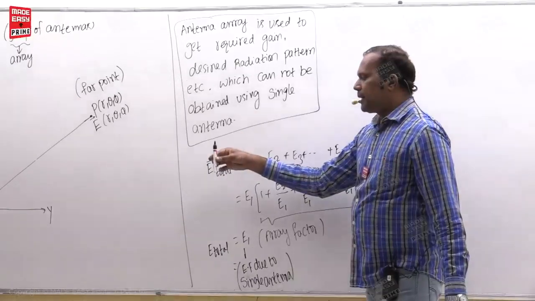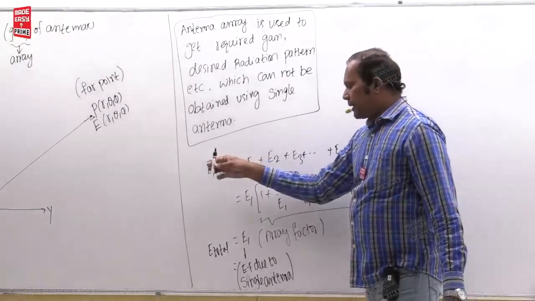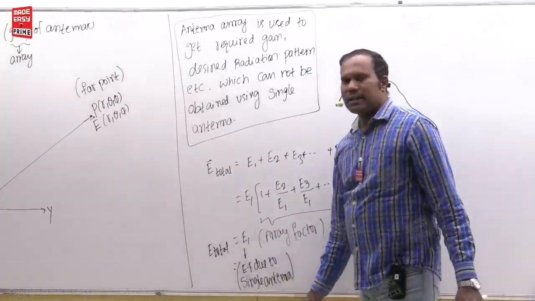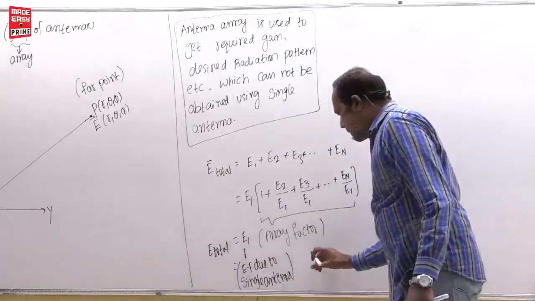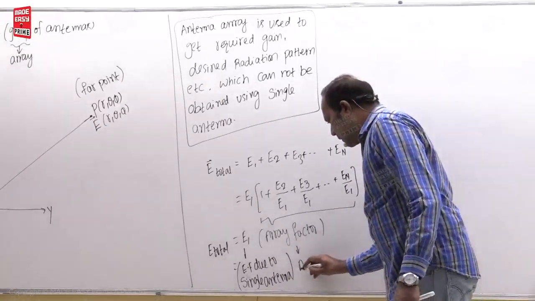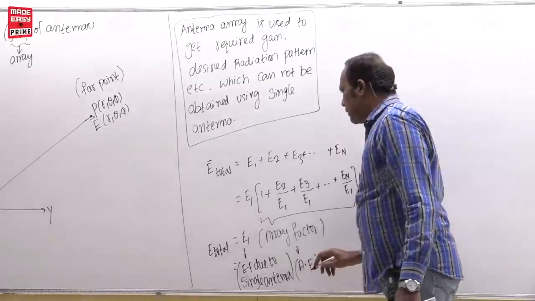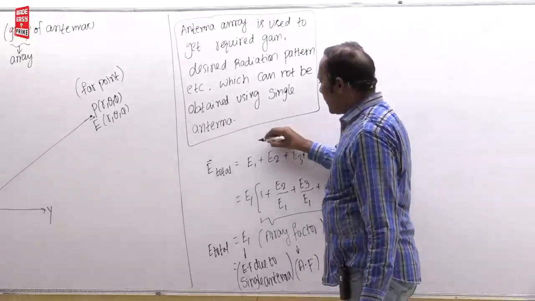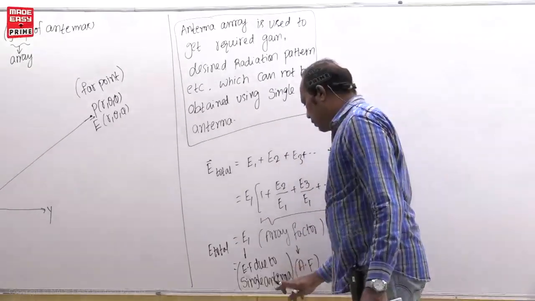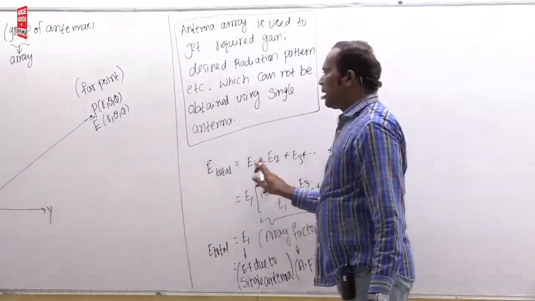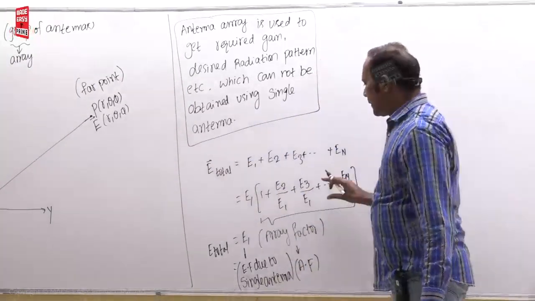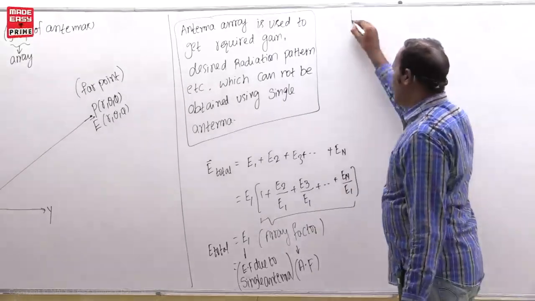If the antenna is like this, then that electric field is proportional to sin theta. Then this is actually array factor. So for example, this one E1 is electric field due to single antenna. E2 means electric field due to second antenna, like that. So a small derivation is there for this.